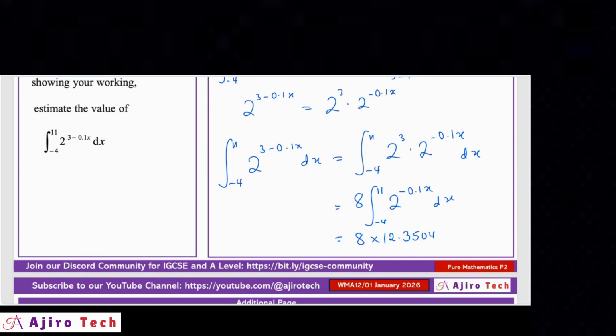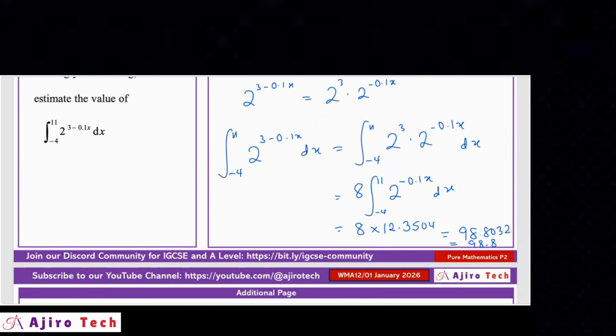We multiply this by 8 and we get our answer to be 98.8032, which to 3 significant figures will be 98.8. So that should be the answer for that question.